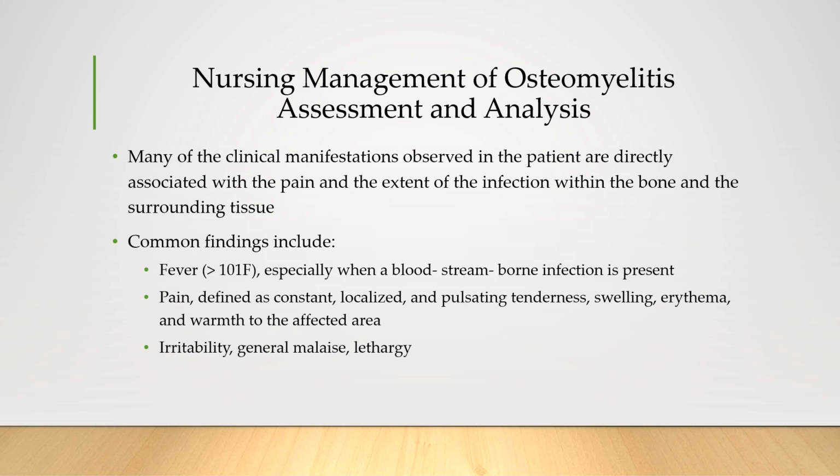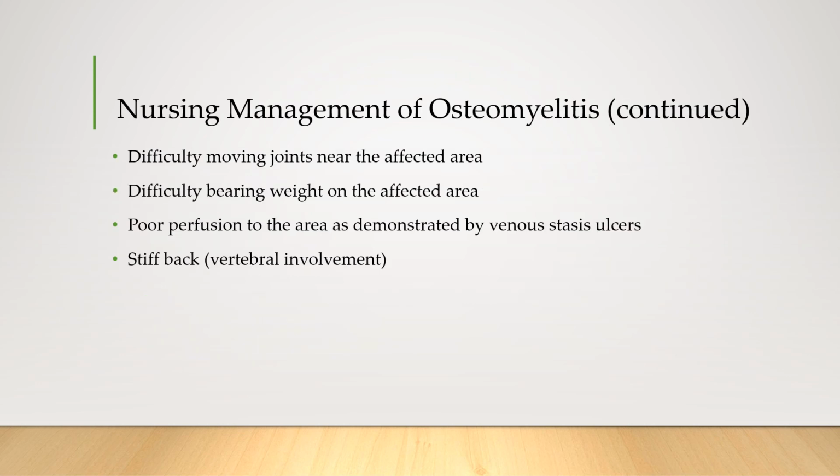Pain can be defined as constant, localized, with pulsating tenderness, swelling, erythema, and warmth to the affected area, irritability, general malaise, and then lethargy. Difficulty moving joints near the affected area, difficulty bearing weight on the affected area, poor perfusion to the area as demonstrated by venous stasis ulcers, and then stiff back that will demonstrate a vertebral involvement.